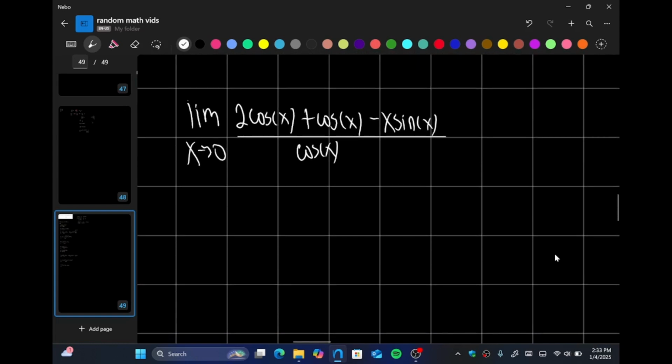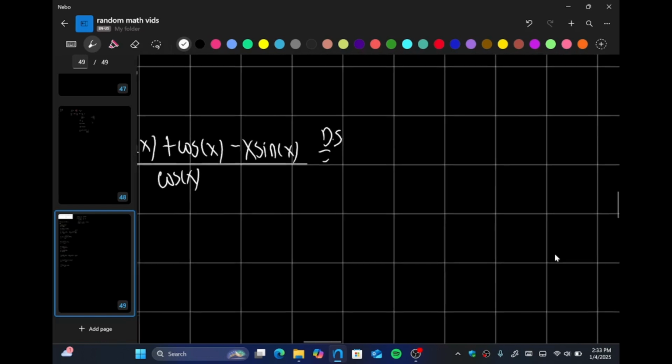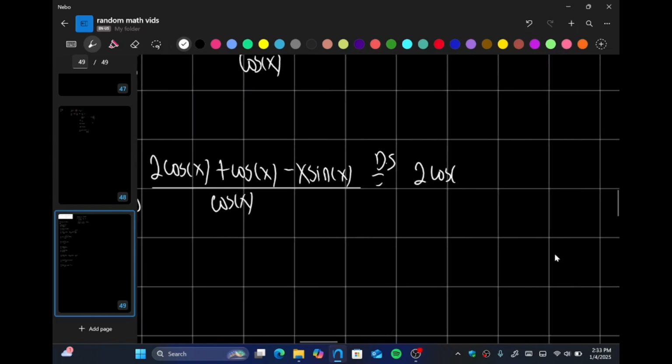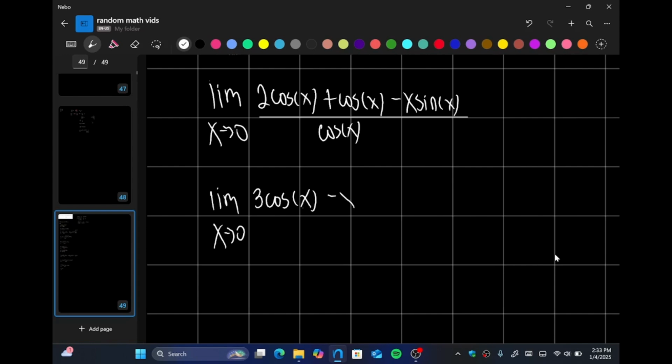Okay, so now we're going to finally evaluate. By direct substitution, you can simplify it a little more, just to not have as many expressions in the numerator or denominator.